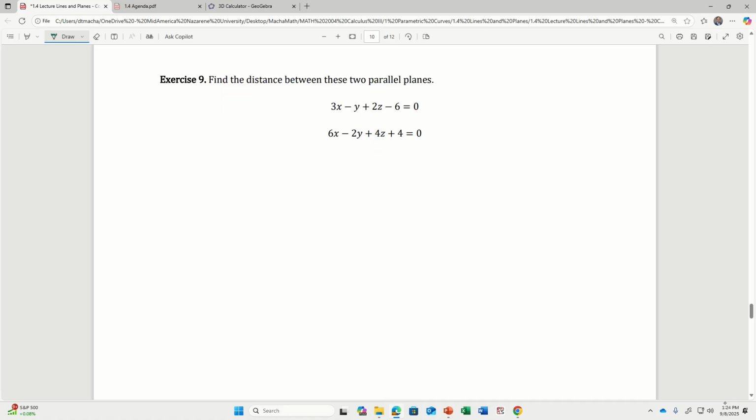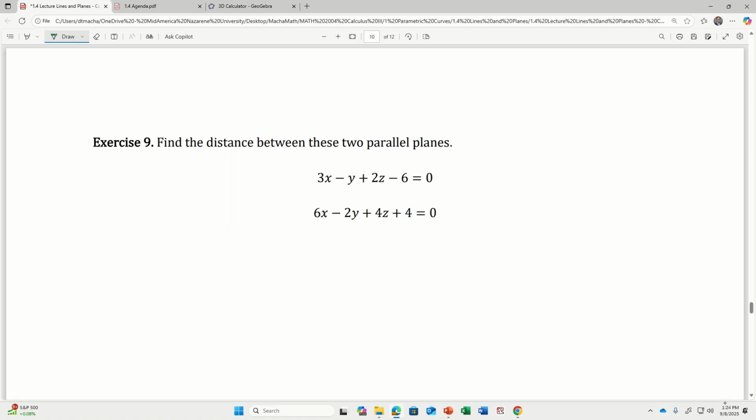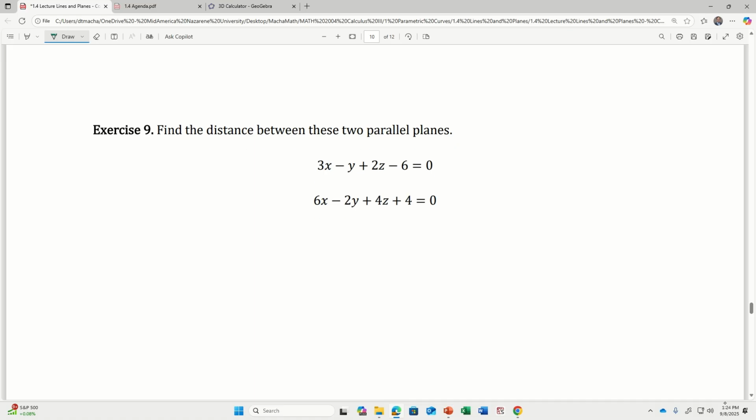Let's see what else we have. Find the distance between 2 parallel planes. If this is the problem statement, then you don't have to test the angle between the planes. Just agree with the problem and say, yeah, we'll assume these are parallel. And if they're parallel, that means step 1 is choose any point in plane 1.